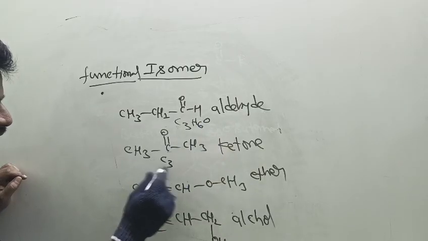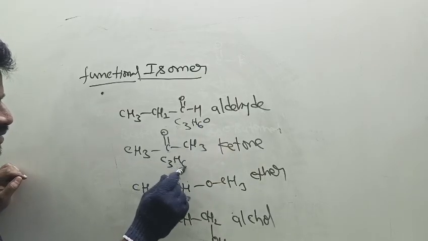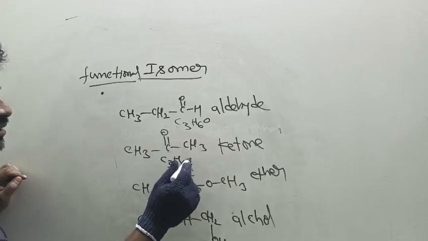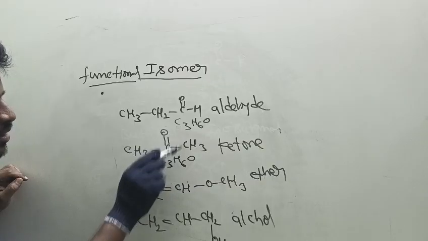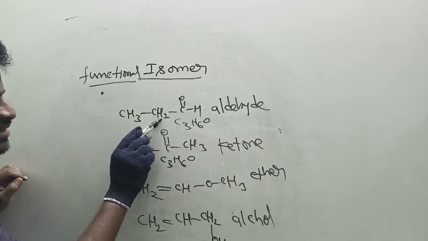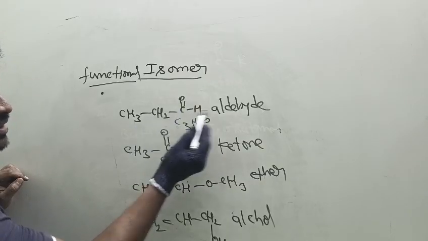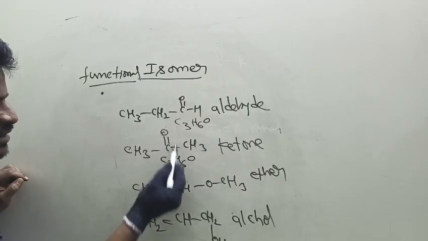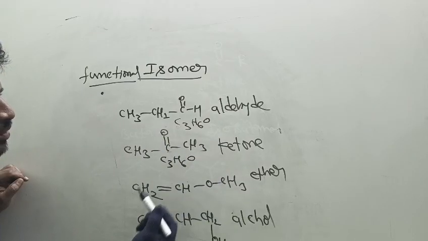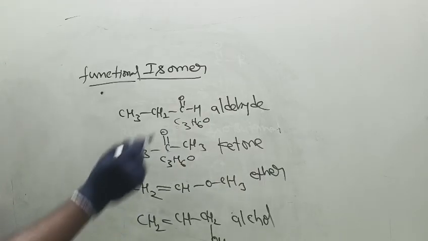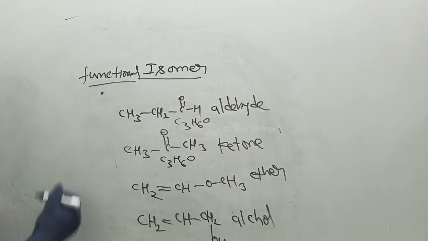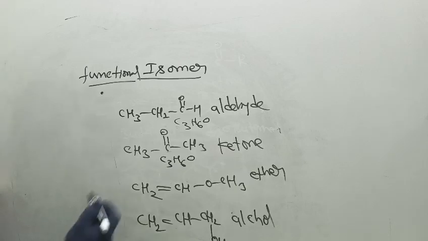And this also has C3H6O. These two compounds have the same molecular formula, but in this structure, due to C double bond O H, it is an aldehyde. In this structure, C double bond O containing ketone, same molecular formula with a different functional group, that is the functional group isomers.